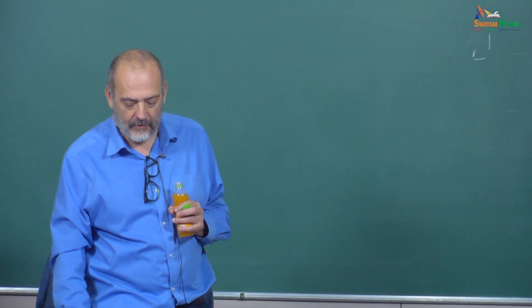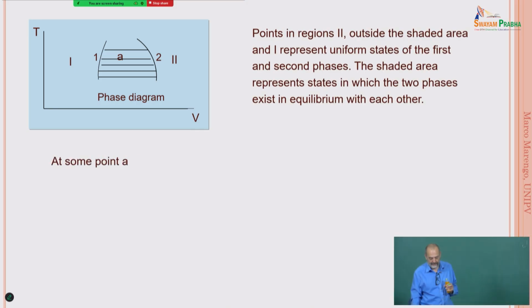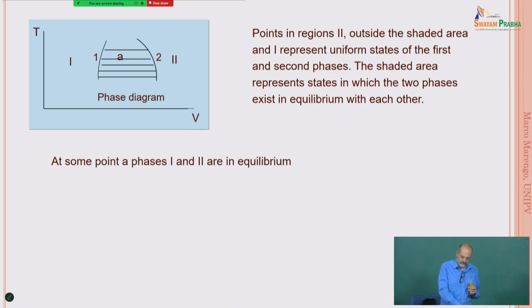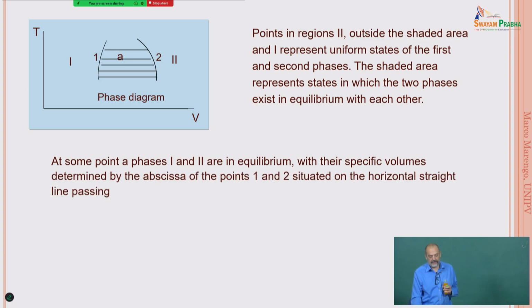Okay? Now, if you look at the phase diagram, you have liquid in one position, then you have the coexistence, and then you have the vapor on the other side, which is fine.